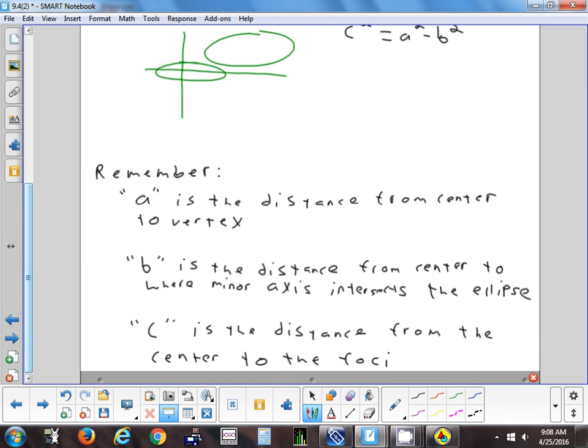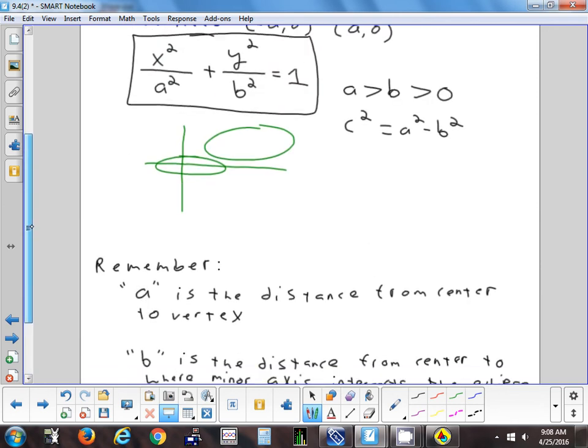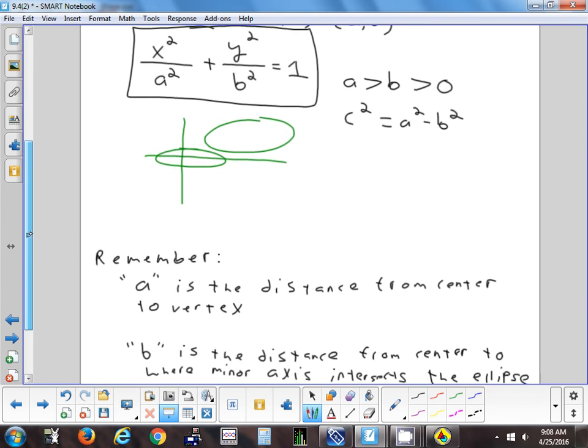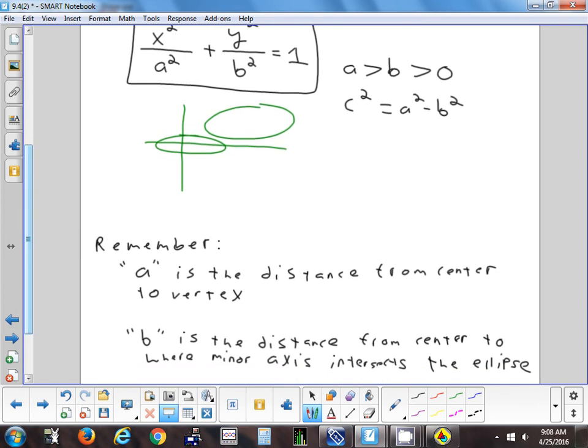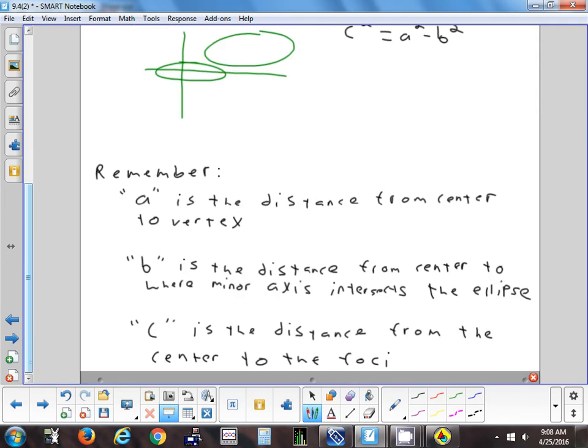So the whole goal when you're writing an equation of an ellipse is you need to find two letters. You need to figure out a, and you need to figure out b. You have an equation that'll help you, and you also have these three facts.